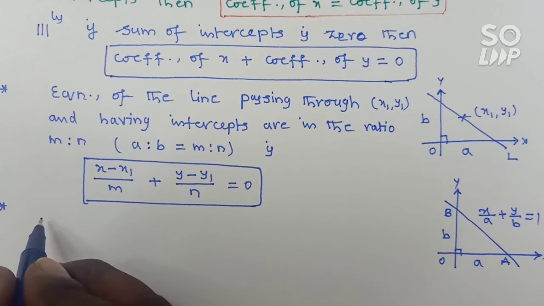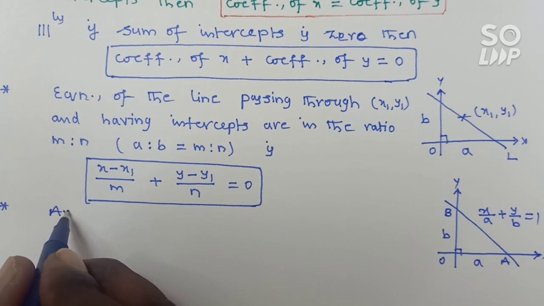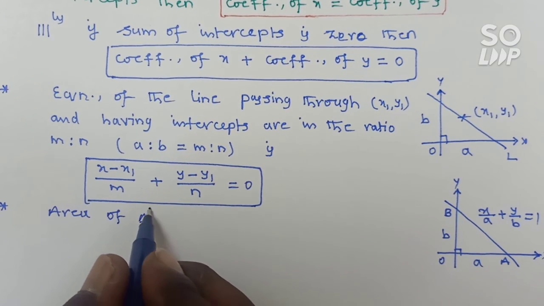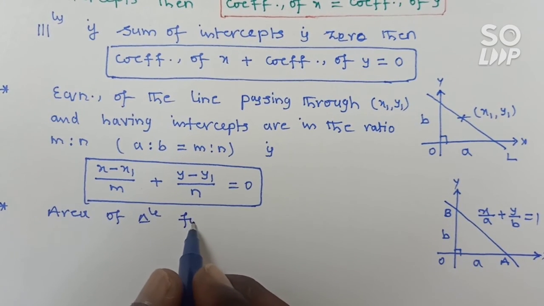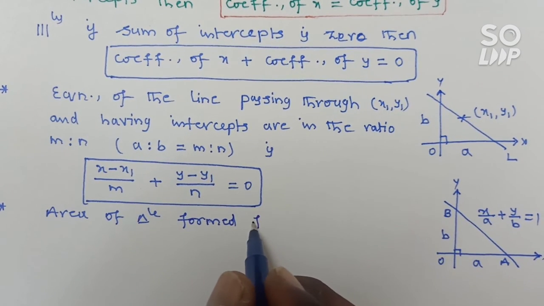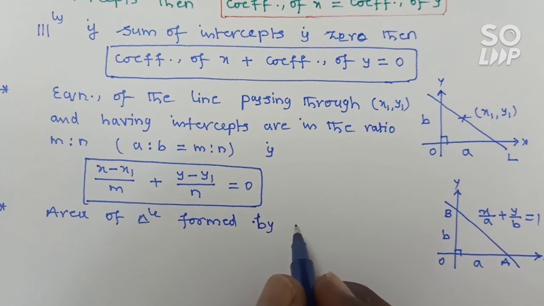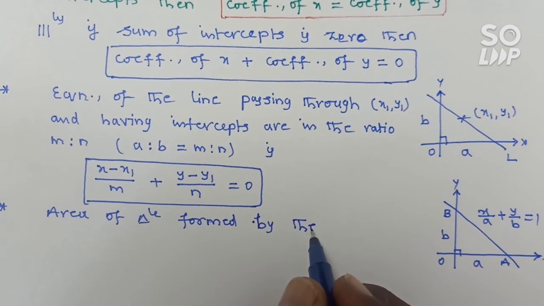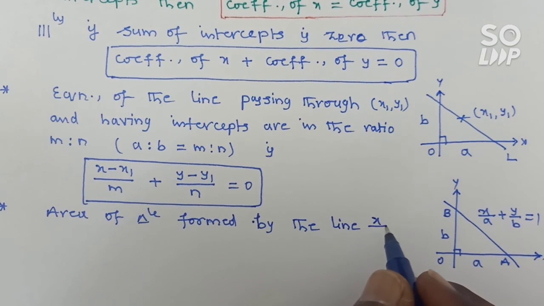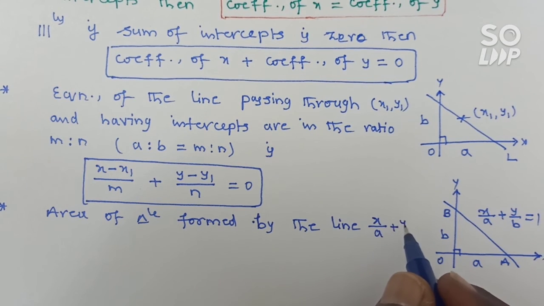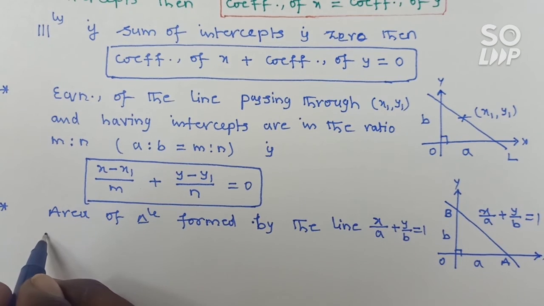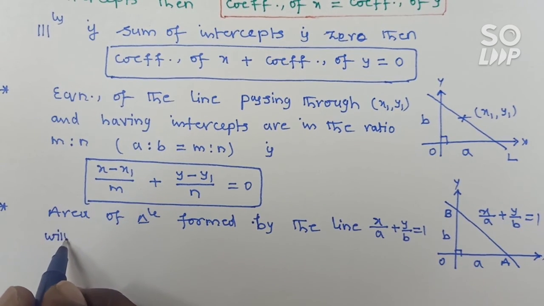So here you write the area of the triangle formed by the line x by a plus y by b is equal to 1 with the coordinate axes.